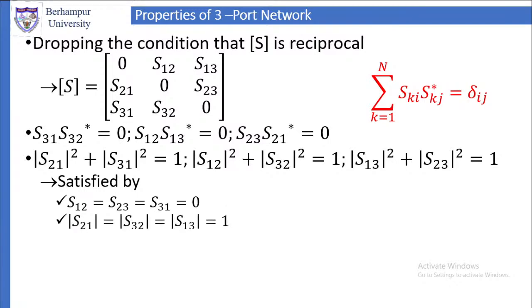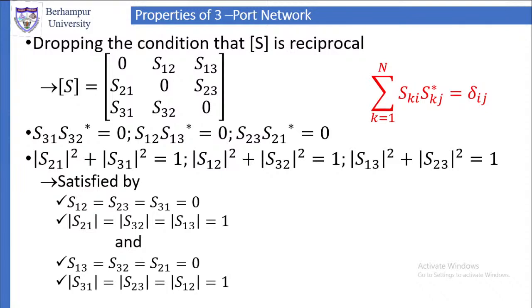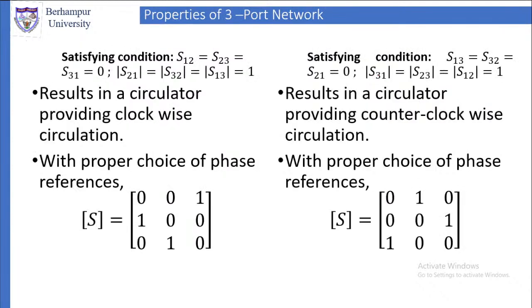The other condition will be S21 equal to S32 equal to S13 equal to 1. So these two conditions: S13 is equal to S32 is equal to S21 is equal to 0, or S31 is equal to S23 is equal to S12 is equal to 1. Either this condition or the second condition, in this case, this will be satisfied.